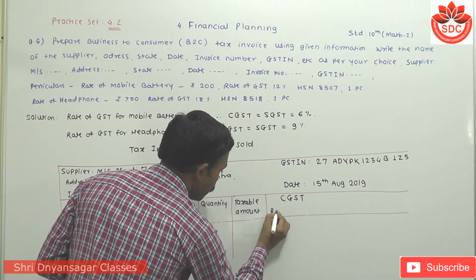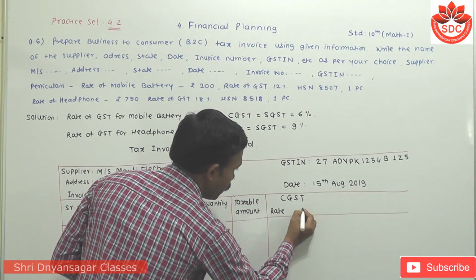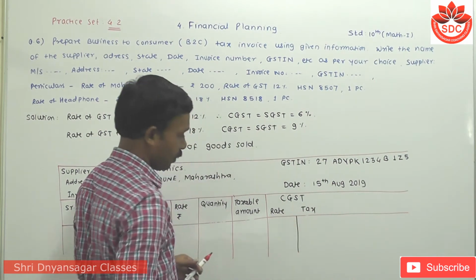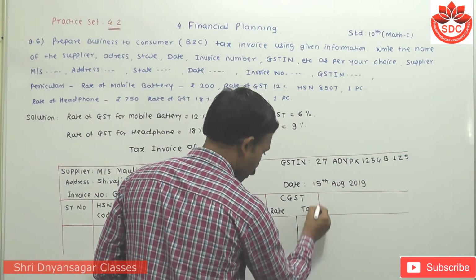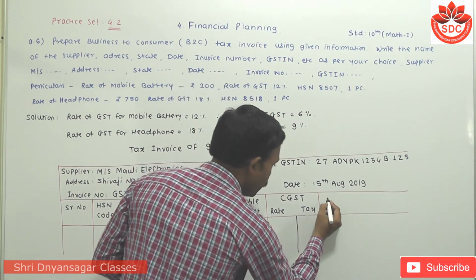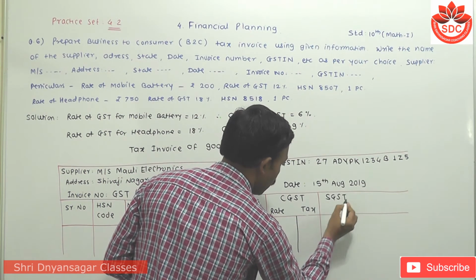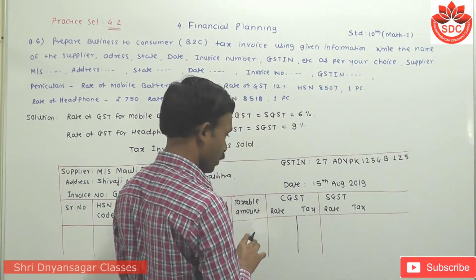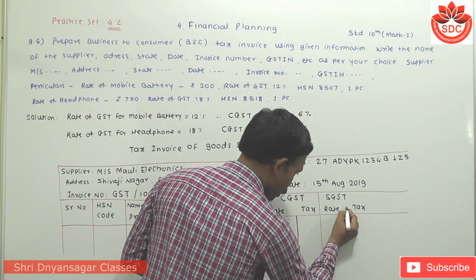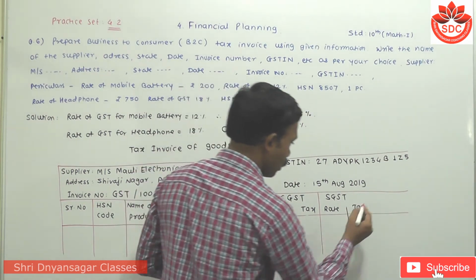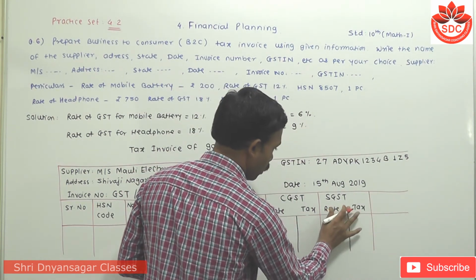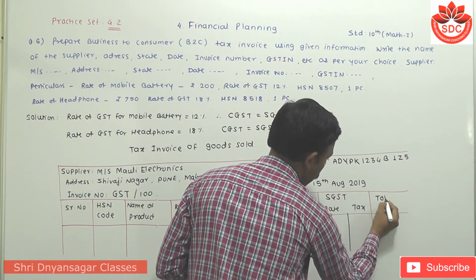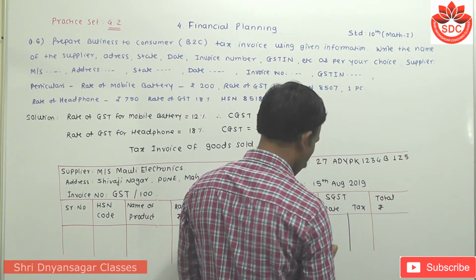This is the rate of CGST and this is the tax for this CGST. Also SGST. This is also rate and this is also tax. Then the last one is the total, in rupees.